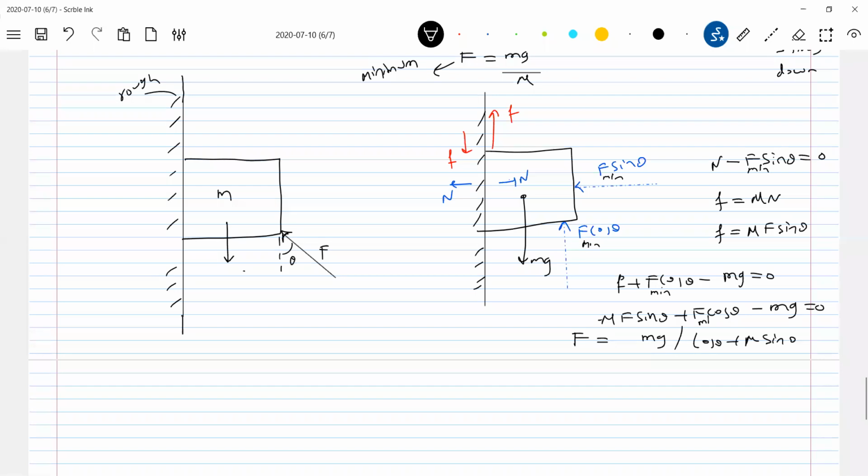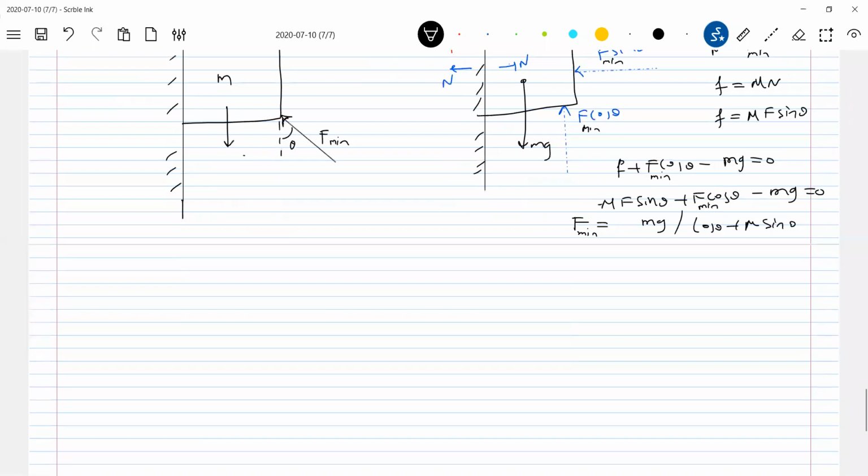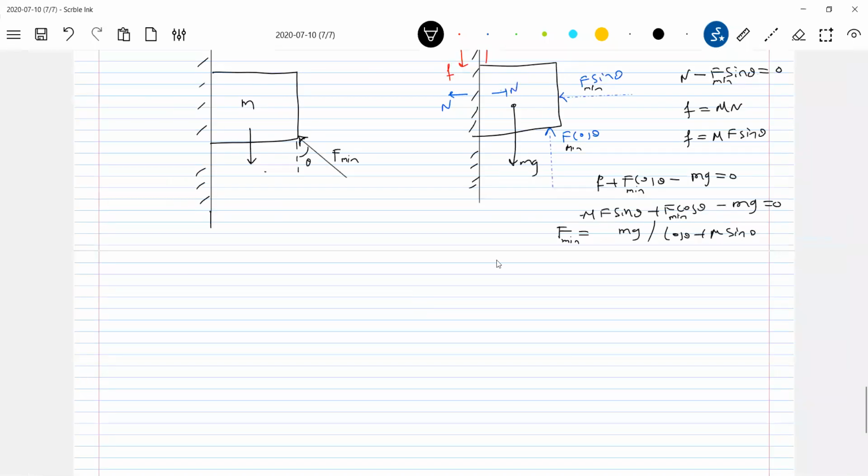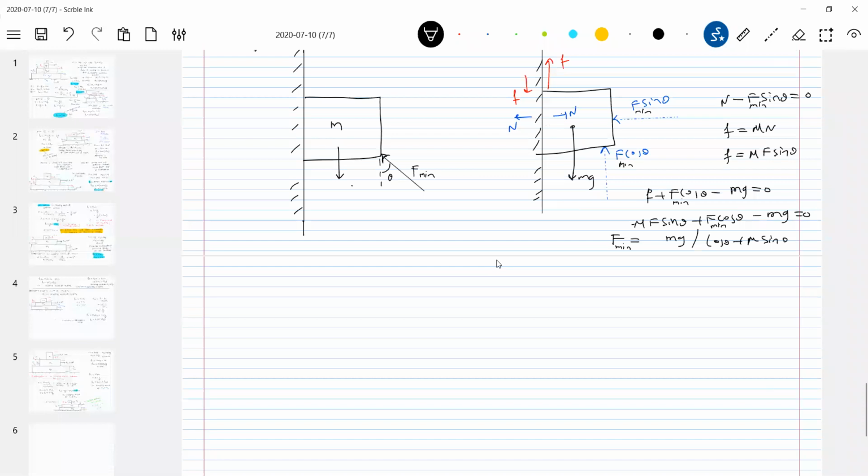Let me put in this condition for the minimum force. If I increase the magnitude of force, then what is the direction of friction? Let it be like this. This is the minimum force. Now I'll keep on increasing the magnitude. Then at one specific value, the friction will change direction. So you can see both the cases.